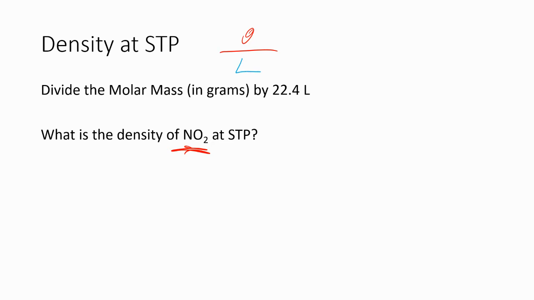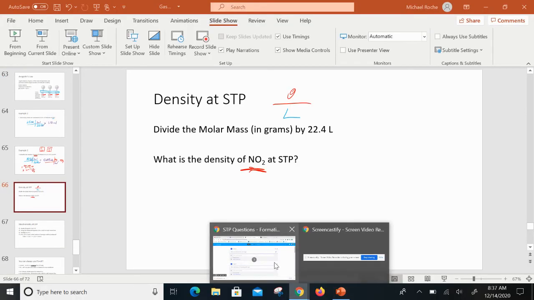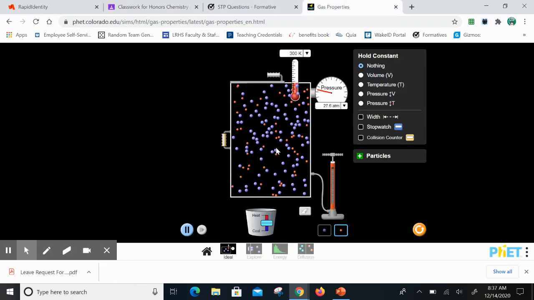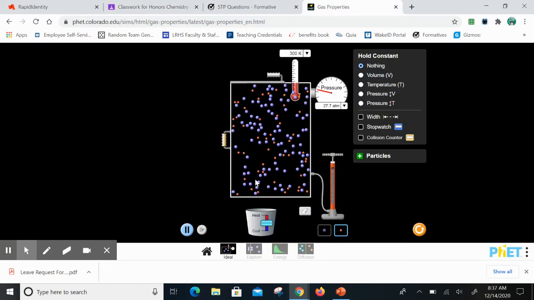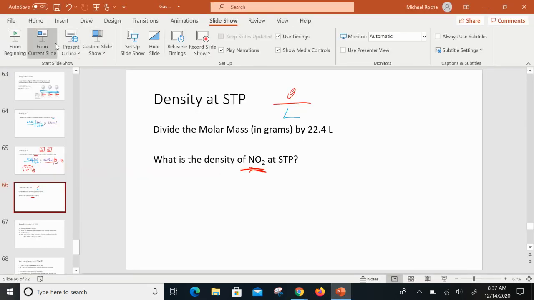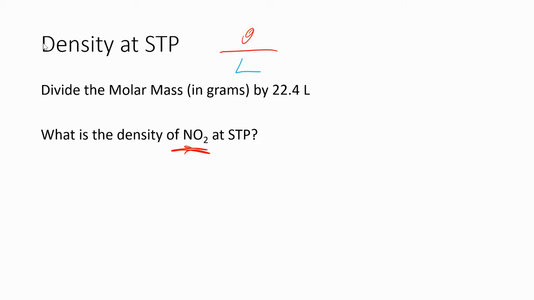If you have a gas, the gas is significantly less dense than a solid. So if you had a solid, it would be much more dense. So we do grams per mil or grams per centimeters cubed. But since it's a gas, we do grams per liters. So basically, you just need to find the grams and divide it by that 22.4 because these questions, again, are at STP.